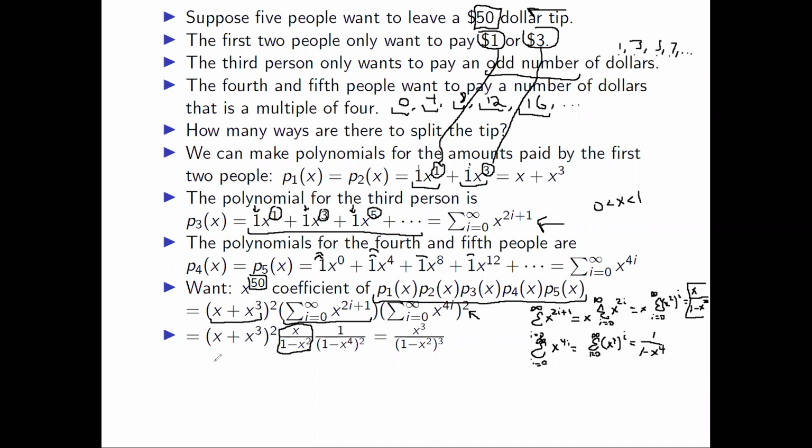So we can write this by factoring out an x here. We can write this as an x times a 1 plus x squared instead of an x plus x cubed. And we're squaring everything. So we get an x squared, and we have a 1 plus x squared quantity squared. Okay, so we dealt with that first term. Second term, we won't do anything. Leave it as is.